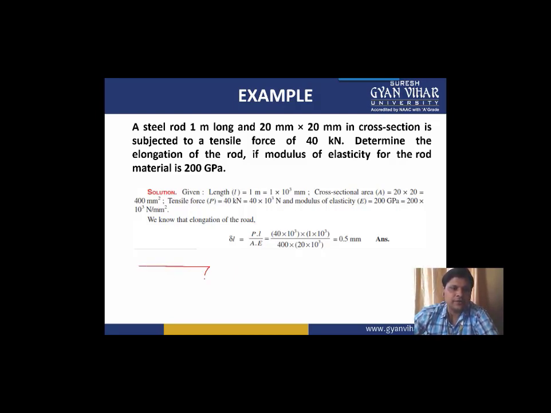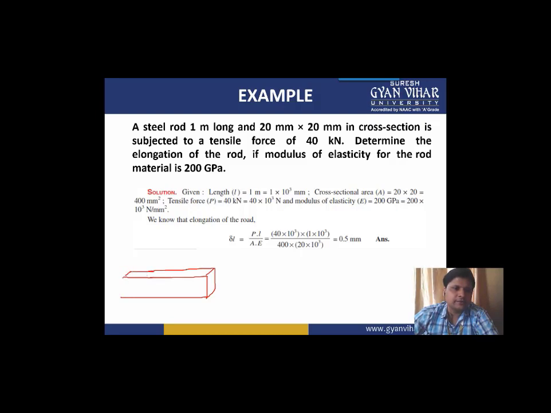If this is the rod, the cross section is not circular, it is of square shape, so you will not draw it that way. You will draw it this way, so that I can make you understand.